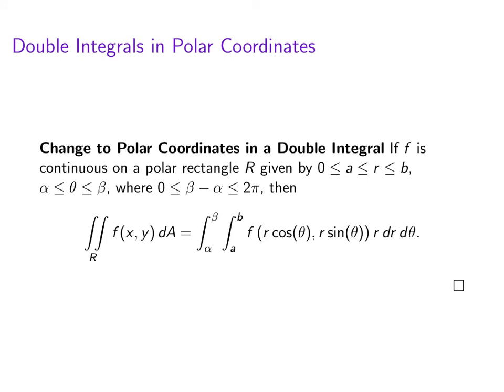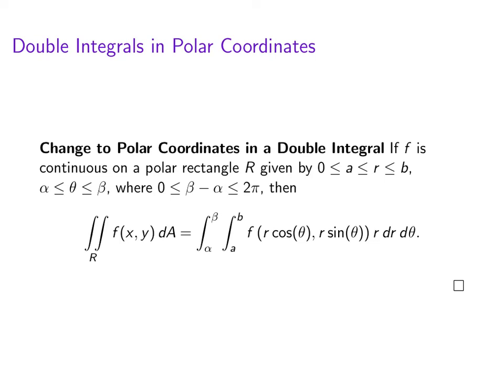So we can summarize all this with what we'll describe as a change to polar coordinates in a double integral. If we have a continuous function on a polar rectangle R, given by r between a and b and theta between alpha and beta, and let's suppose that the difference between beta and alpha is smaller than 2 pi.